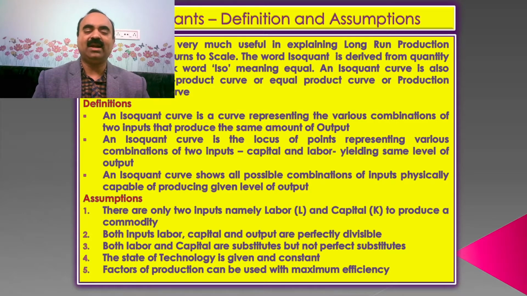Both labor and capital are substitutes but not perfect substitutes. 4. The state of technology is given and constant. 5. Factors of production can be used with maximum efficiency.